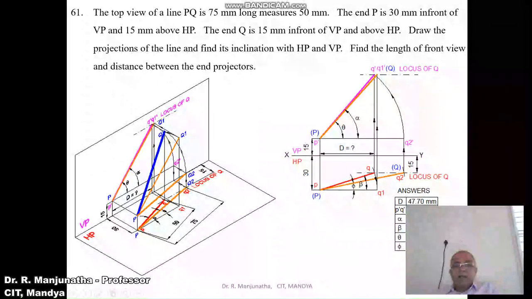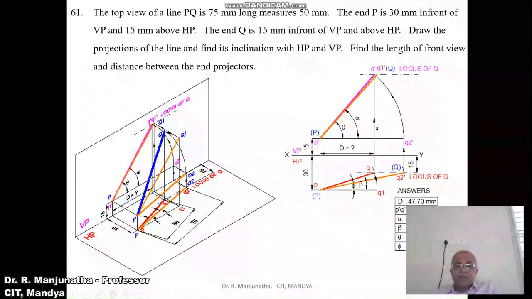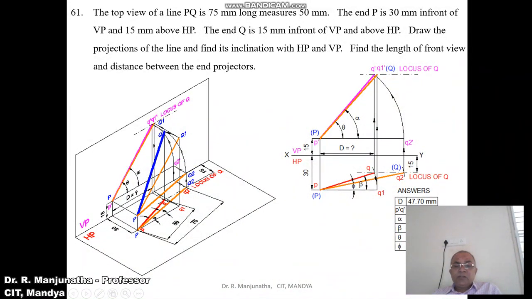Then mark the apparent inclination with respect to HP as theta, the true inclination with respect to HP as alpha, the apparent inclination with respect to VP as beta, and the true inclination with respect to VP as phi. By using the protractor with P dash as center with respect to the horizontal line, you measure the angle alpha, which will be 49.53 degrees when you are doing it in computer.